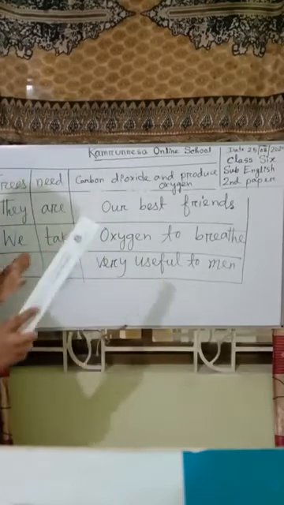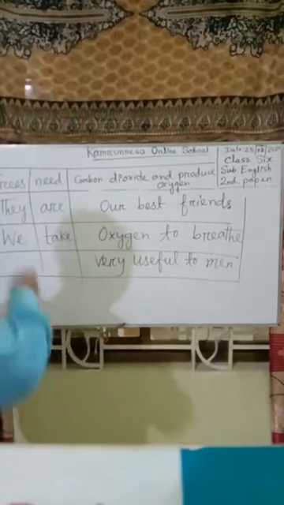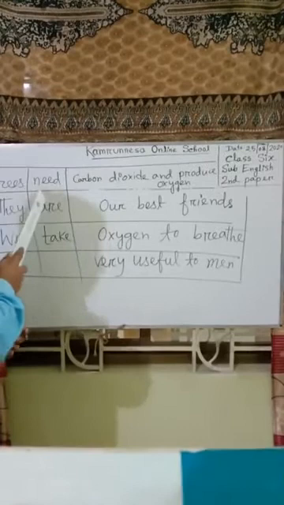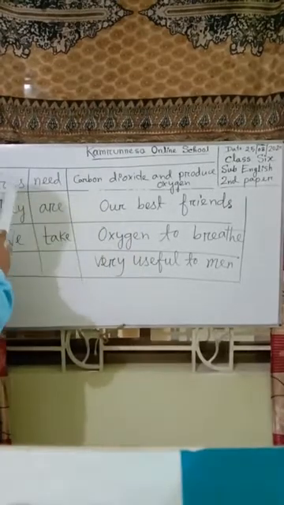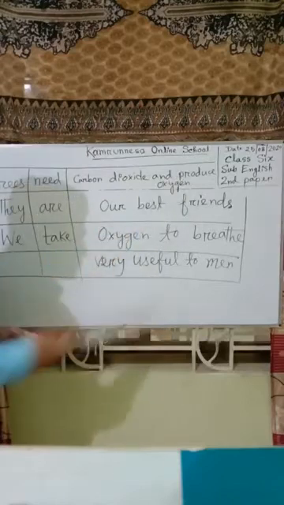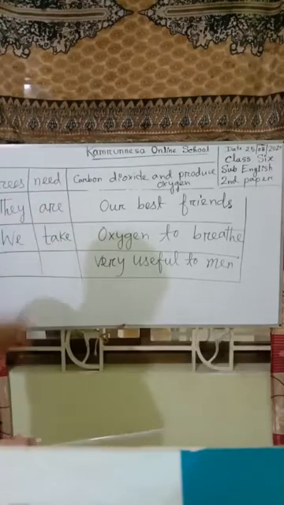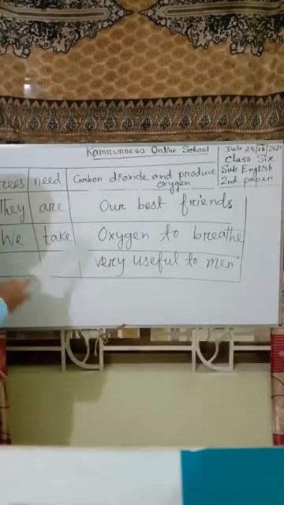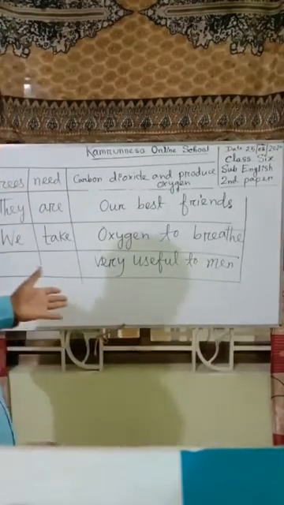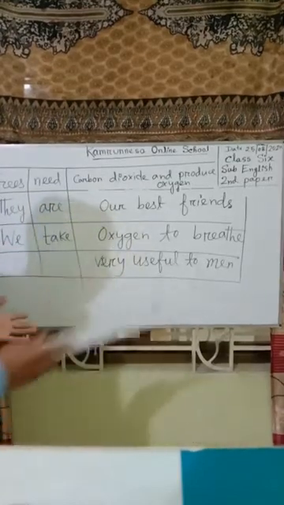This can be used. But if we think in other ways, these trees are our best friends. This sentence is meaningful. Or trees are very useful to man. This is also correct. You can write in any other way.